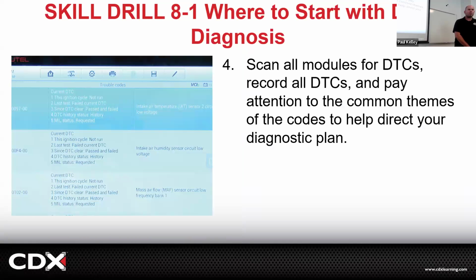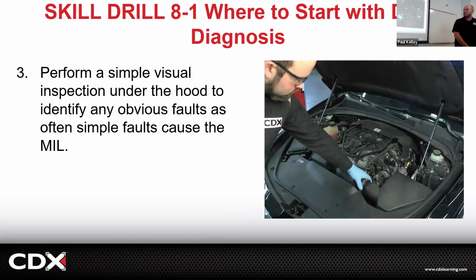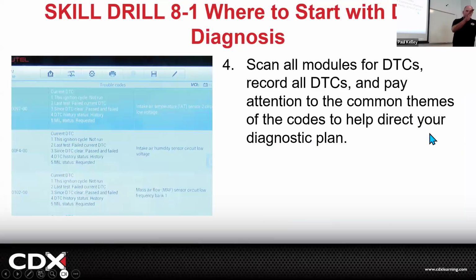I'd check it for codes because if I'm doing a visual, I want to know approximately what I'm looking for, but there's nothing wrong with doing a visual first. If you see something majorly wrong, that'd be good to know. I do it a little bit different. I'm checking for codes first. You still do need to do a visual though, because if you get really focused on the code, but you don't notice that there's a big mouse nest under the hood, you kind of need to do both.